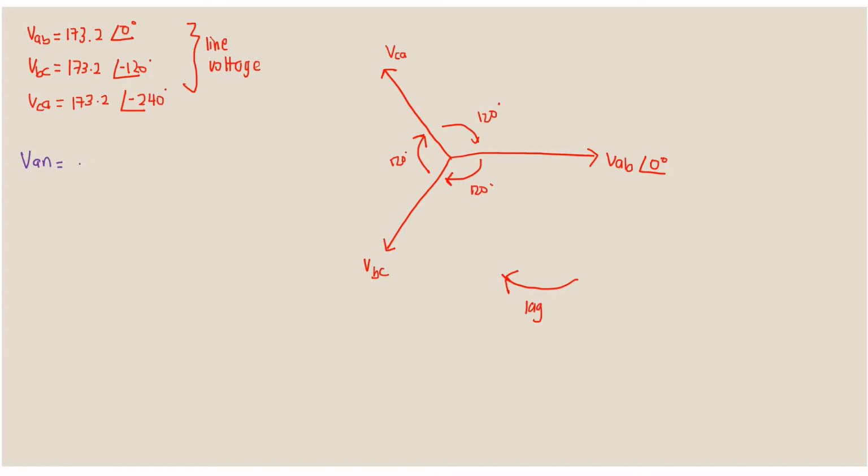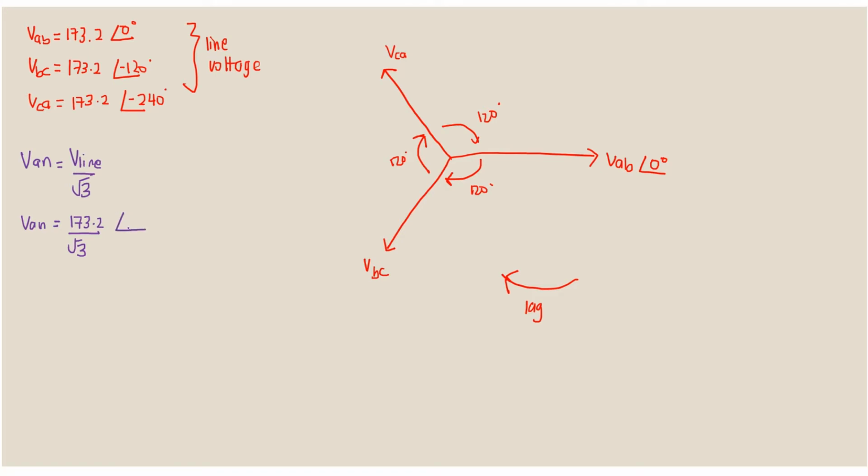VAN equals the V line divided by square root of 3. So the magnitude of the V line is 173.2 divided by square root of 3.